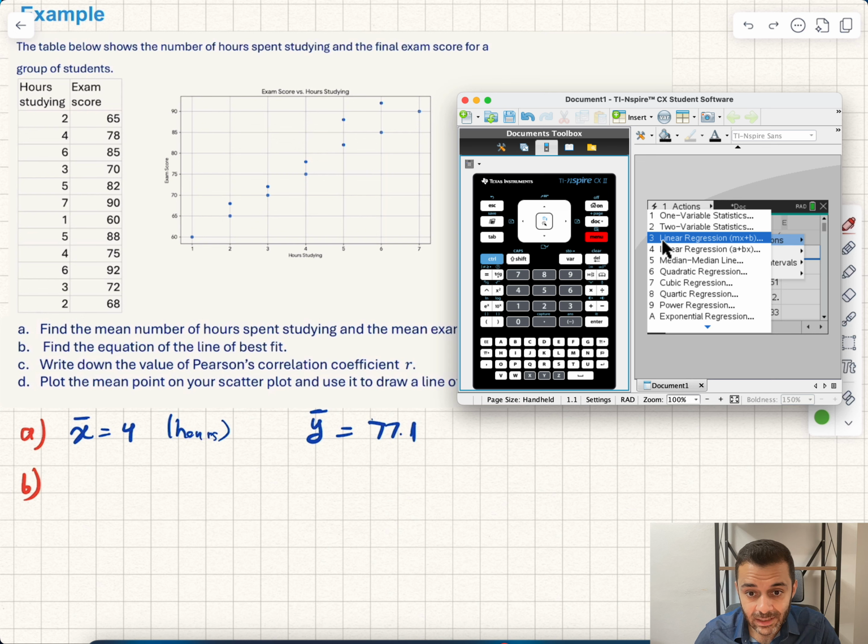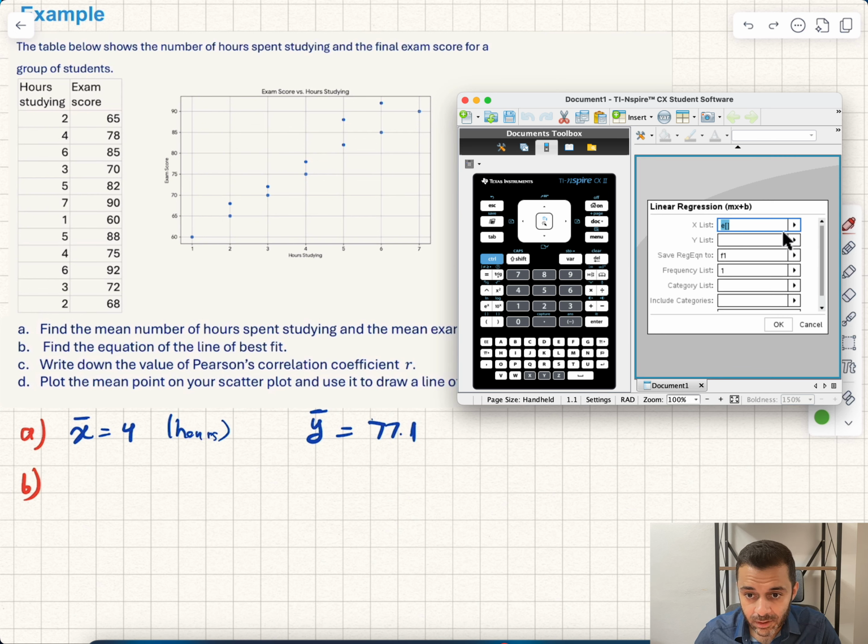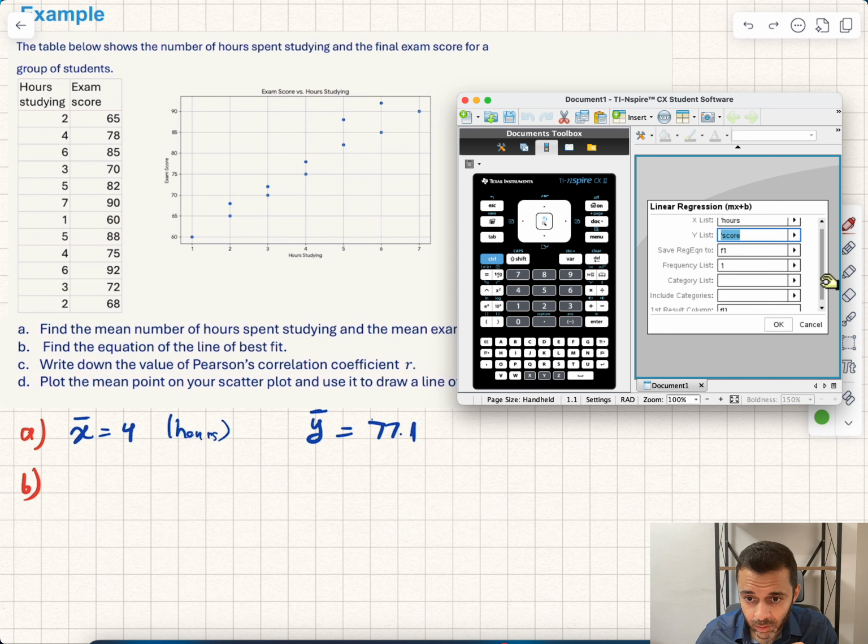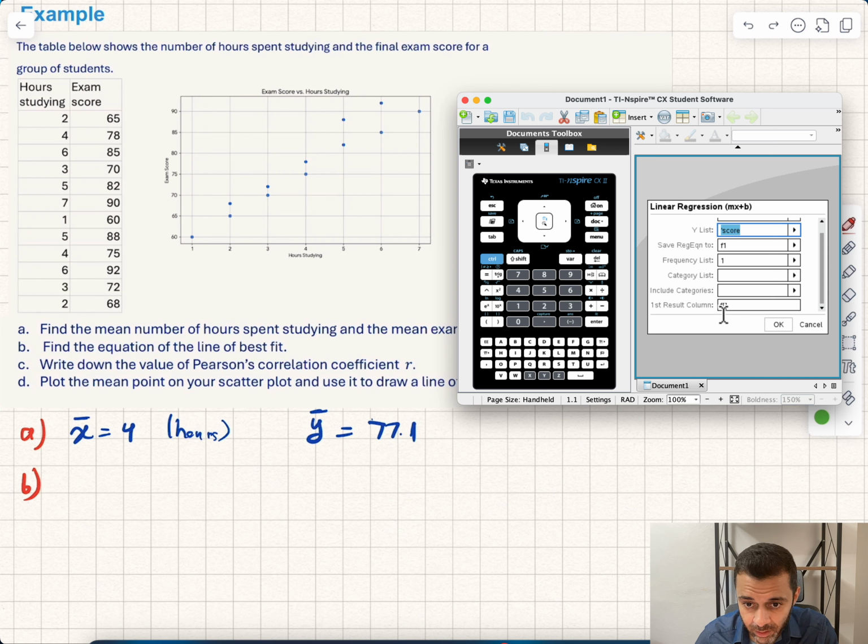We will do linear regression mx plus b. For the X list, it will be hours. The Y list, it will be scores. If you didn't like name them hours and scores, you can just put A and B. Then we need to store in F, I think, or E, no problem. Let's keep it in F.